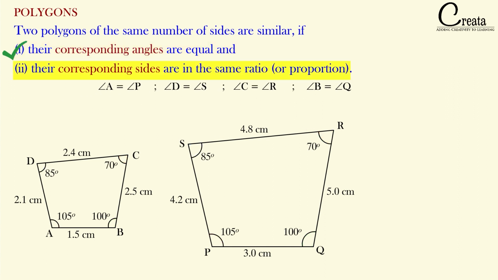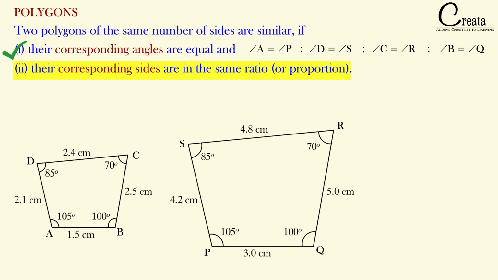But only the first criteria is not sufficient. We have to move to the second criteria, that is corresponding sides ratio. Let's find the corresponding sides AD to PS. So AD upon PS will be 2.1 upon 4.2, that is 1 by 2. DC by SR, 2.4 upon 4.8, again 1 by 2.